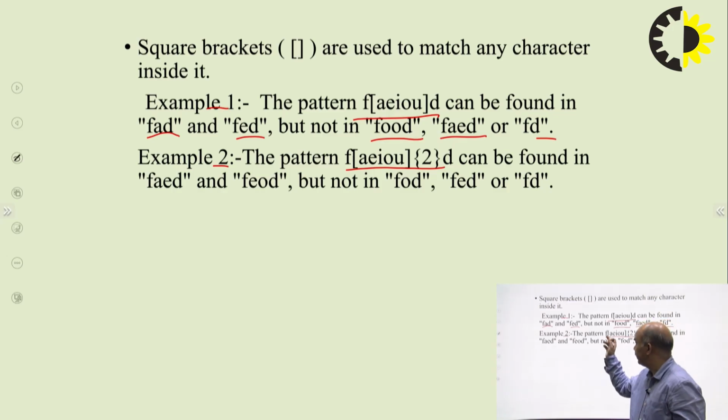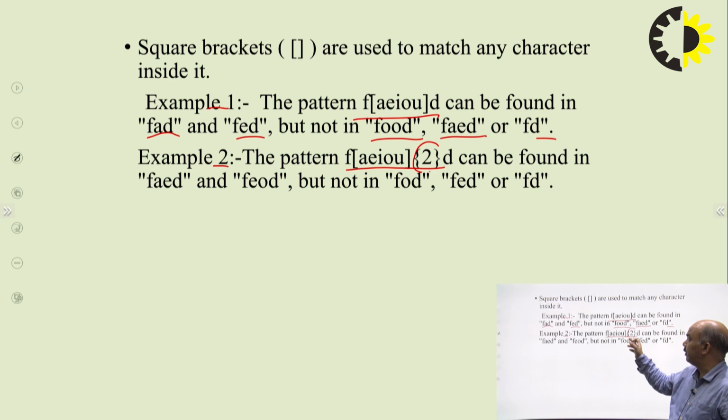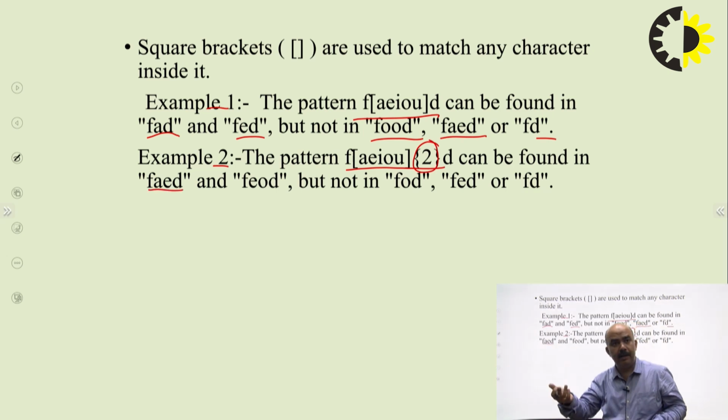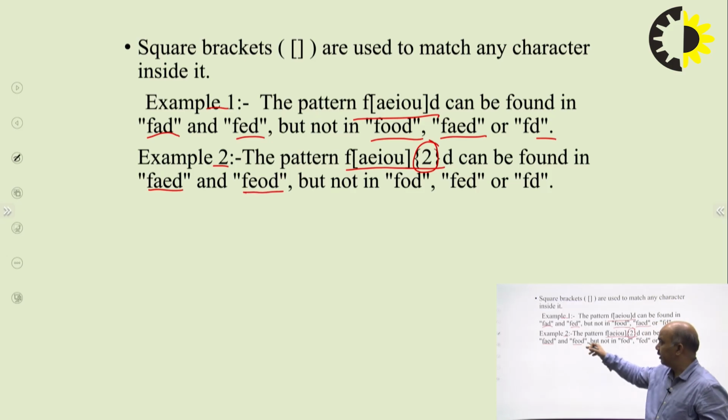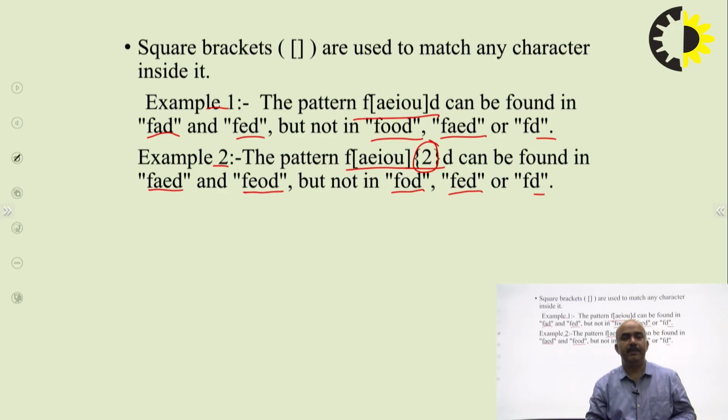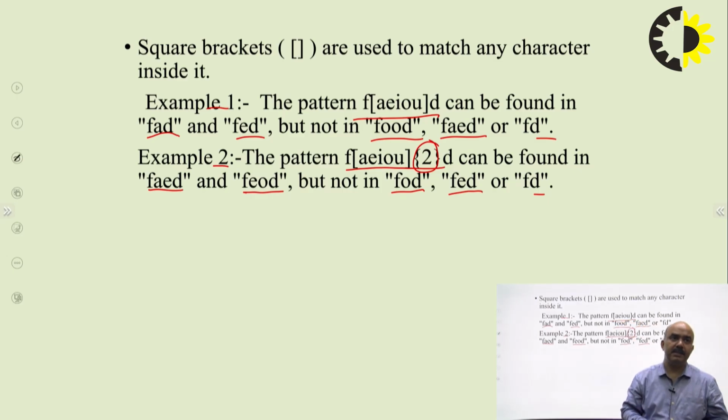But in the other case, the pattern requires 2 vowels in a pair. So FAE is a pair, and EO can be found, but not a single vowel like FED. So that pattern will not match in this case.